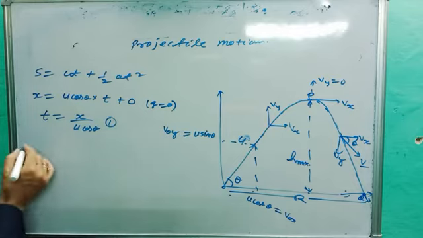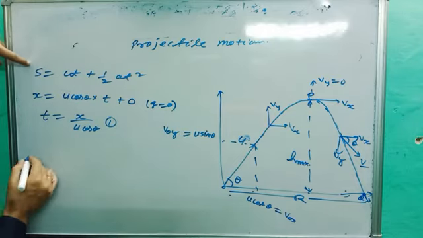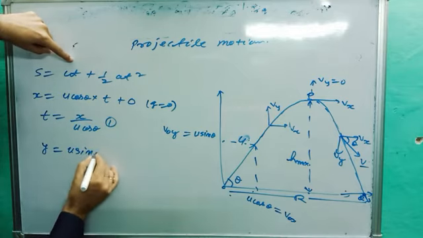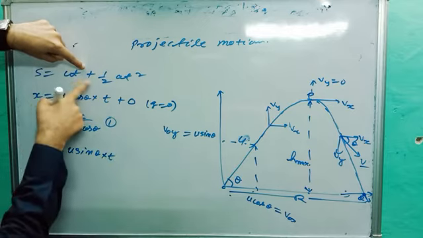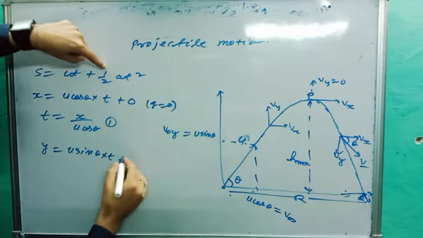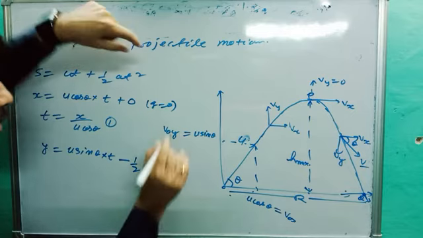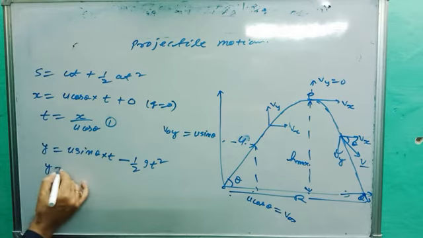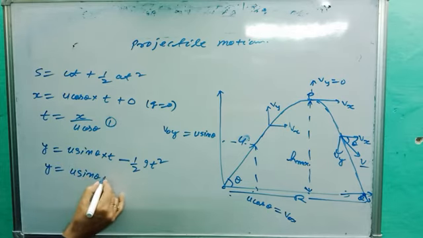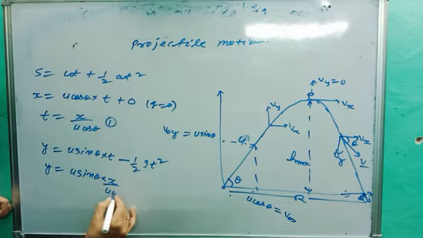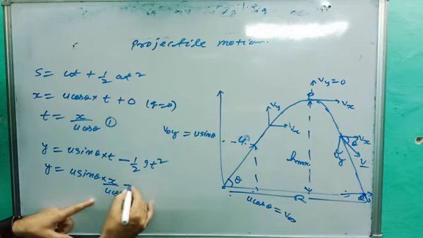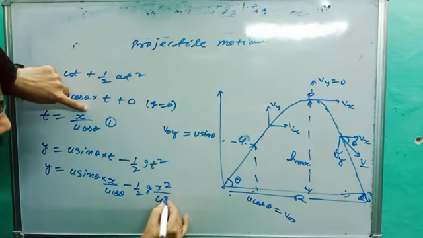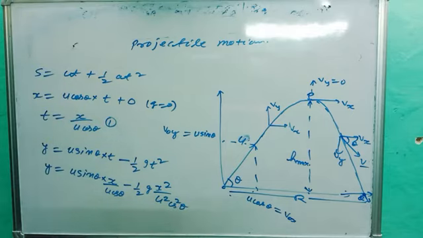Second, in the y component, y is equal to u sin theta into t, minus 1 upon 2 g t square, since the body is going up. Substituting t as x upon u cos theta, y is equal to u sin theta into x upon u cos theta, minus 1 upon 2 g x square upon u square cos square theta.